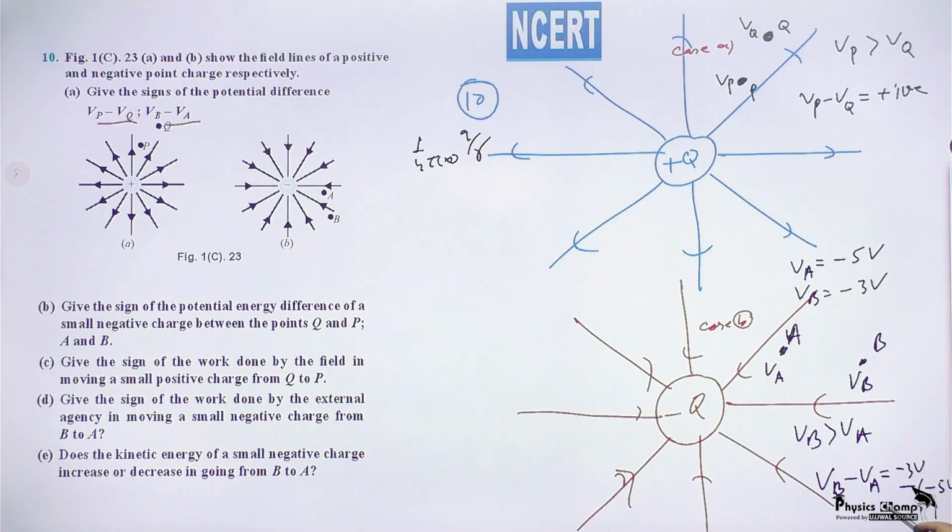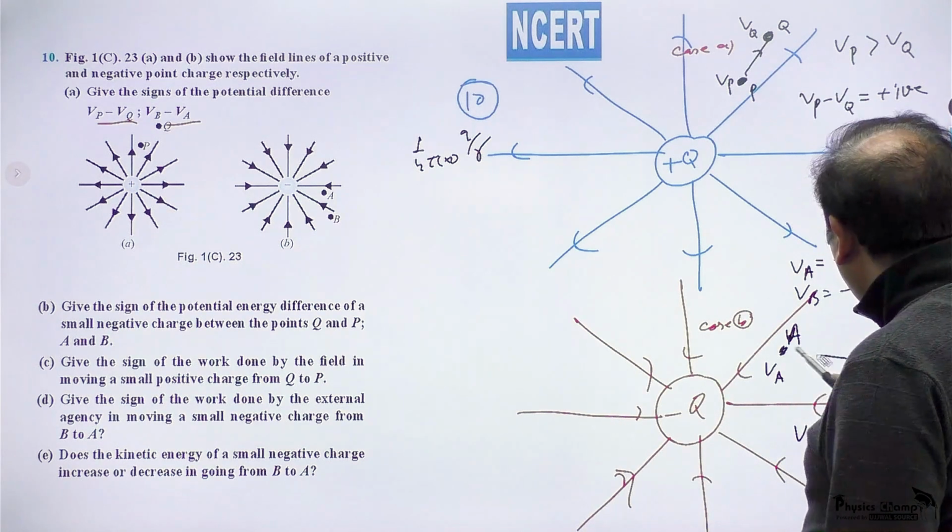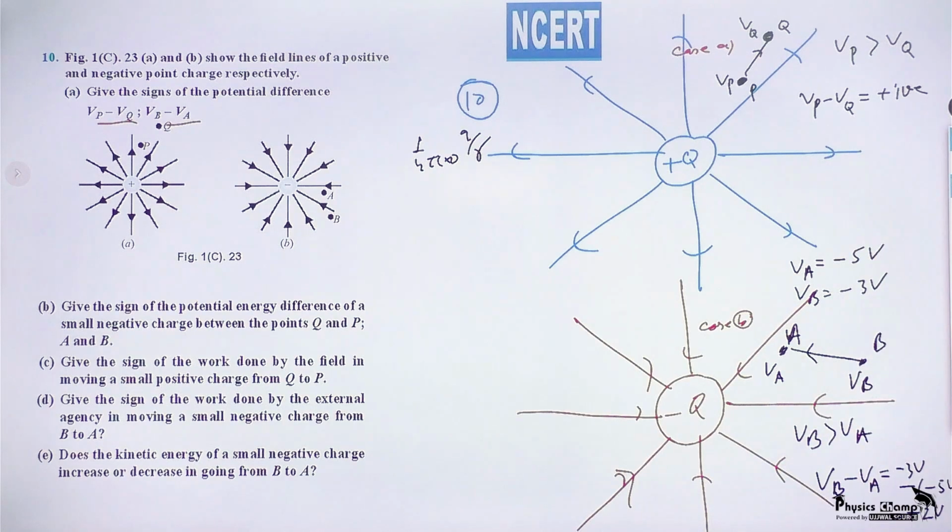So you are getting ultimately plus 2 volt. Here it was P to Q and here it was B to A. Because the directions are reversed, that's why in both cases the sign of potential difference is positive.